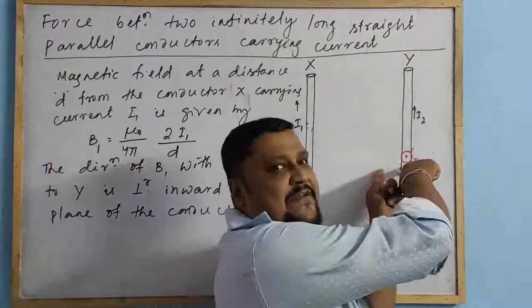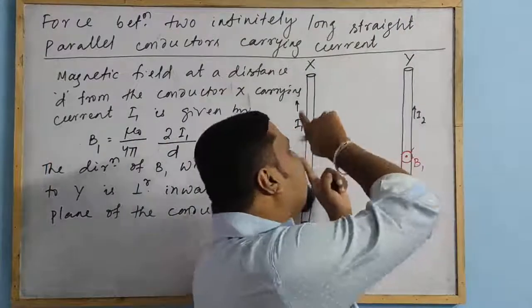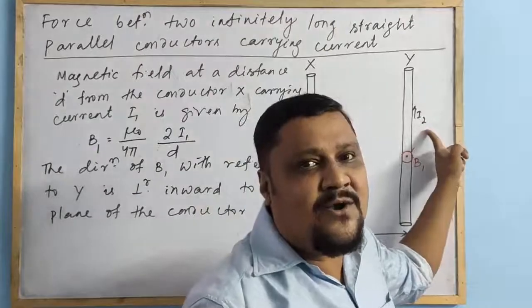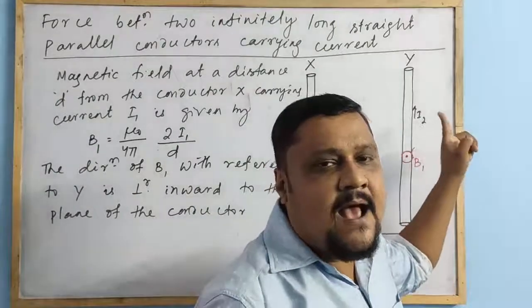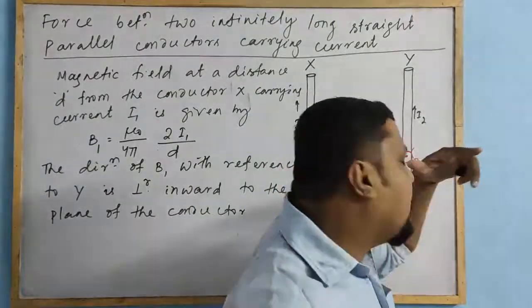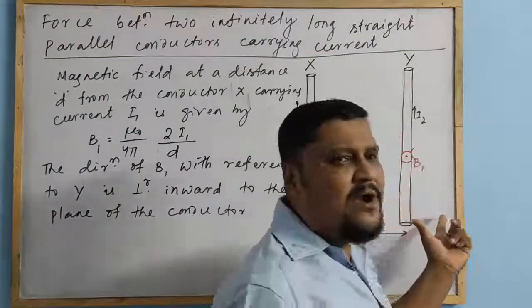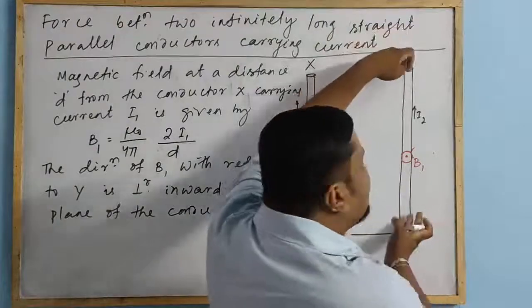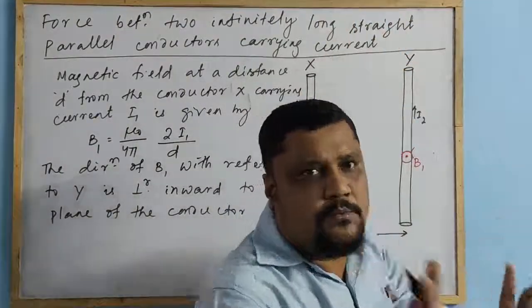In this magnetic field because of this conductor, I have placed another conductor Y, which carries current I2, of infinite length. Let me consider some length L2. Clear?